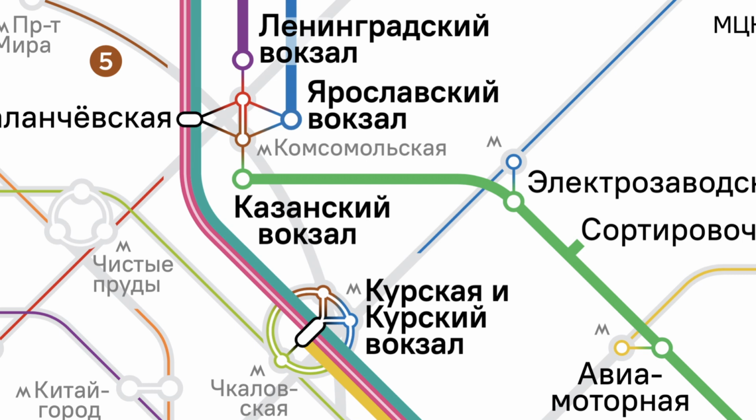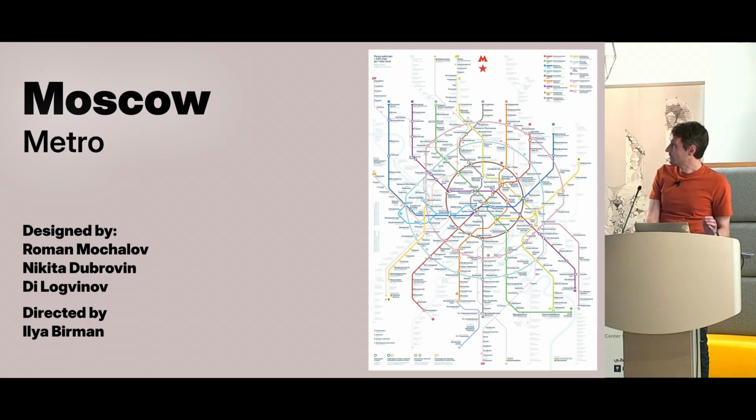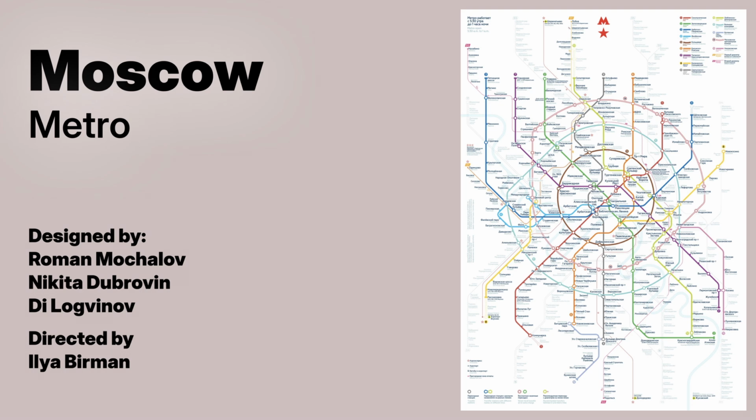This is, again, one of those tricks that I like to do to make sure that the maps that have a lot of information are still clean and beautiful, and they don't have too much stuff going on at the same time. And finally, the Moscow Metro. So Moscow Metro is developing very quickly. So we started designing the metro map in 2021, I guess, because we didn't like what's happening with the official map.